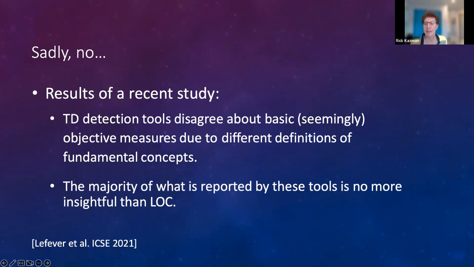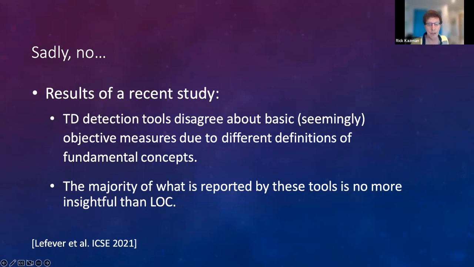And the bad news is that it was almost entirely idiosyncratic, which is to say the tools reported different things, even the most basic measures they disagreed on, like how many lines of code are in this file? What's the McCabe complexity of this file?